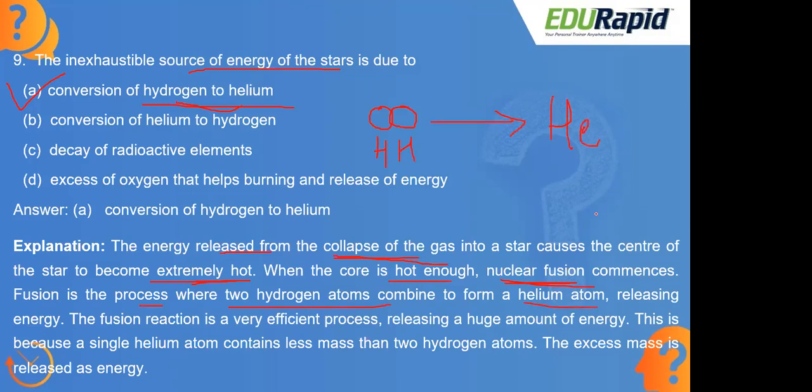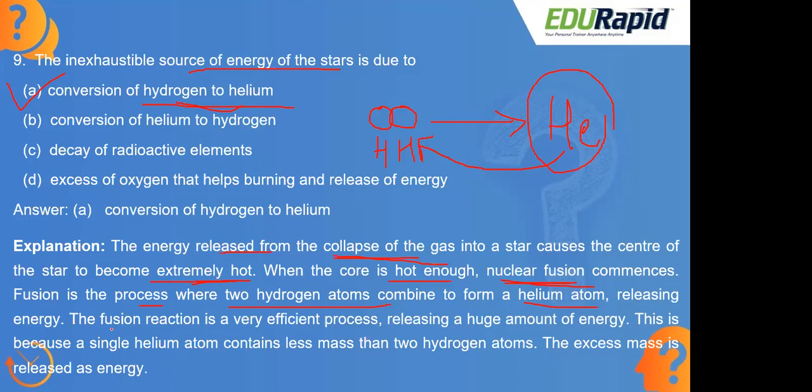Helium is comparatively bigger than hydrogen, but the mass of one helium atom is less than the combined mass of two hydrogen atoms. The remaining mass can be utilized by the helium particles to release as energy. Got it?